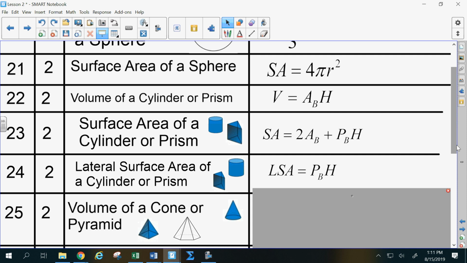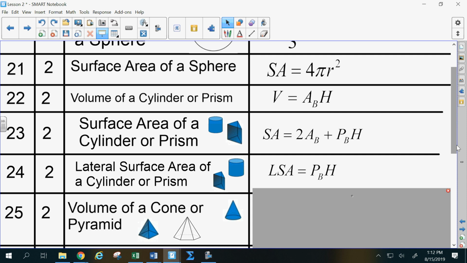Okay, next we have volume of a cone or pyramid. So these are shapes that now come up to a point on the top, and they only have one base. So if I took this cone and this cylinder that I'm holding, they have the same base, the same circle, they have the same height.